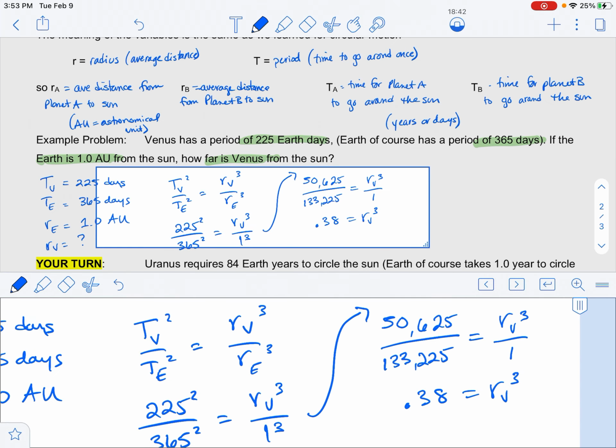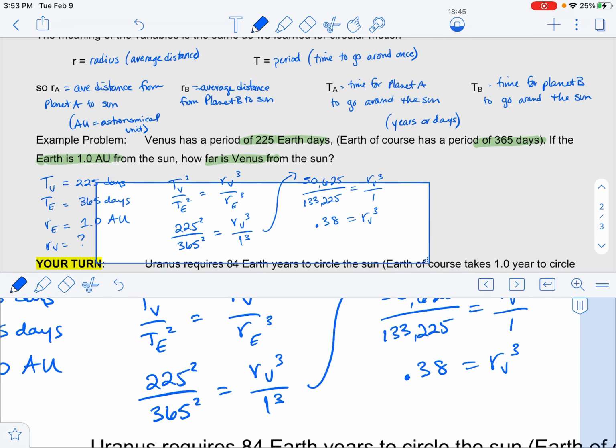And now I need to take the cube root. So if you've never done the cube root of something before, you're going to push the math button on your calculator. You're going to scroll down to where you see a cube root, which looks like a little square root sign with a 3. You're going to hit that button and put 0.38 in there, push enter, and you're going to discover that the cube root of 0.38 is 0.72, and that's equal to RV.